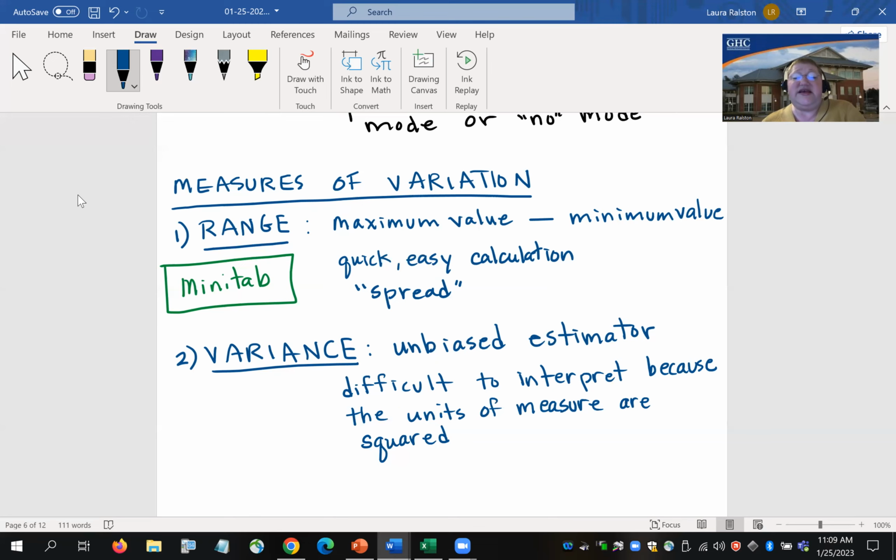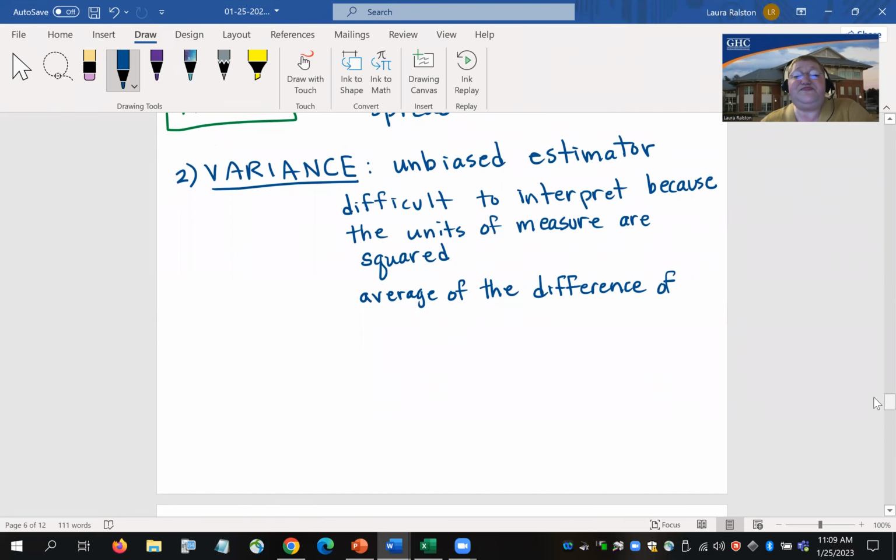The variance is kind of the average of the difference of each data value and the mean.